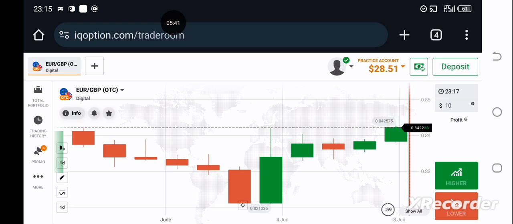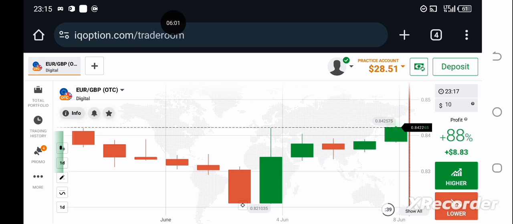So the candlestick for 1 day will take longer to form than for somebody who opened the time frame of 5 minutes. So a 5 minute candlestick represents 5 minutes. A 1 minute candle represents 1 minute.